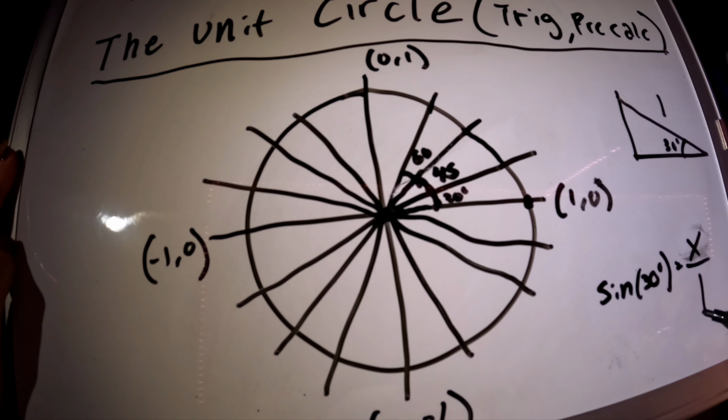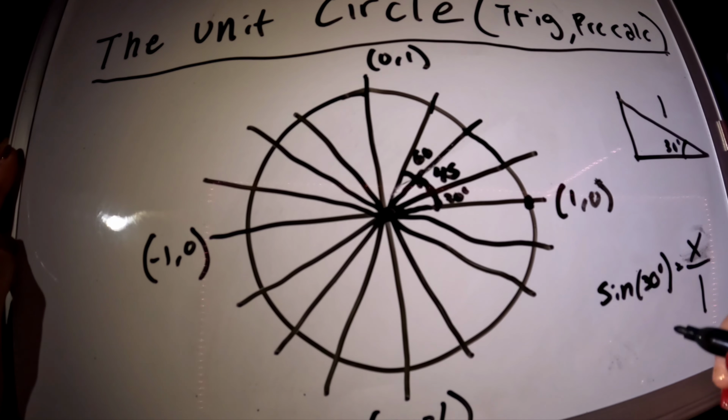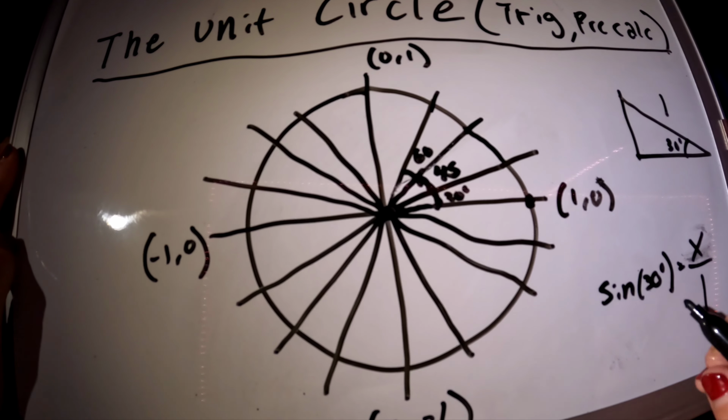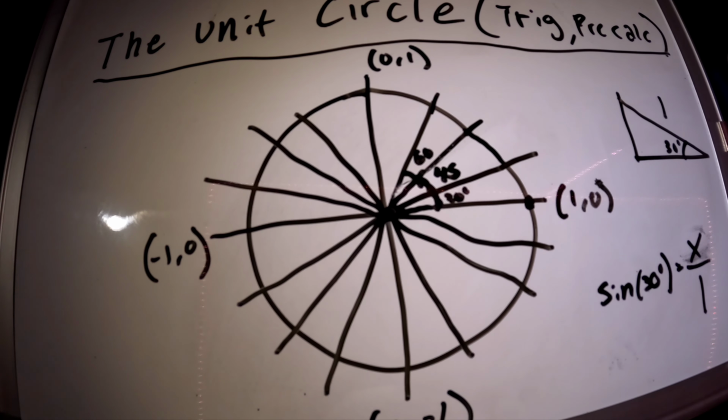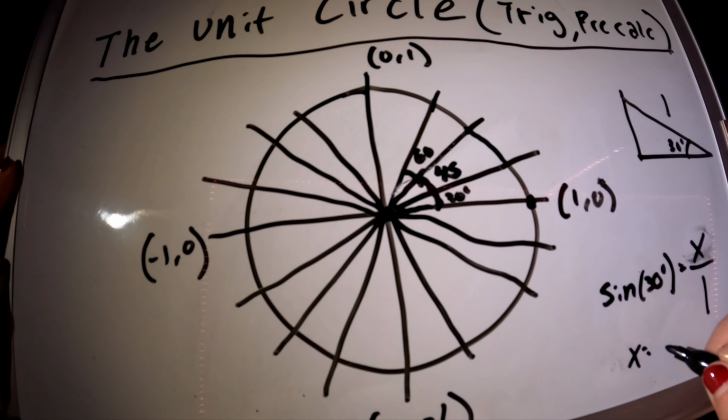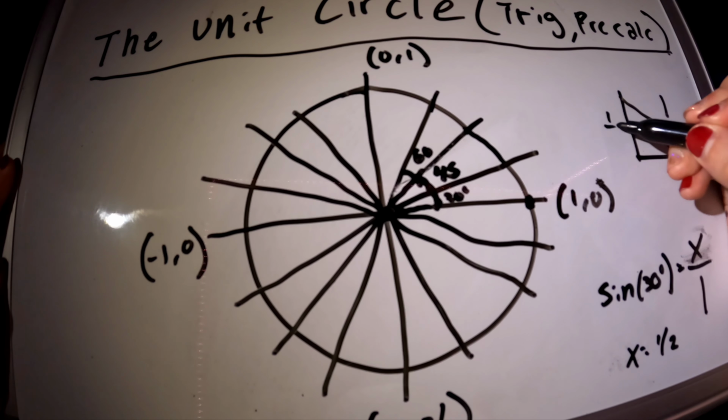Then if you do cross multiplication, 1 times sine of 30 is 1/2. So this side right here is 1/2.